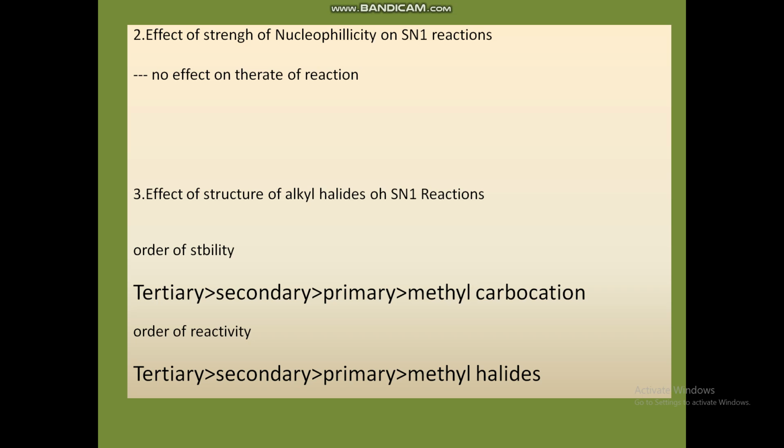Therefore the order of reactivity of alkyl halides in SN1 reaction is tertiary first, then secondary, primary, and methyl halides. Note that this order of reactivity of alkyl halides is opposite to the SN2 reaction.